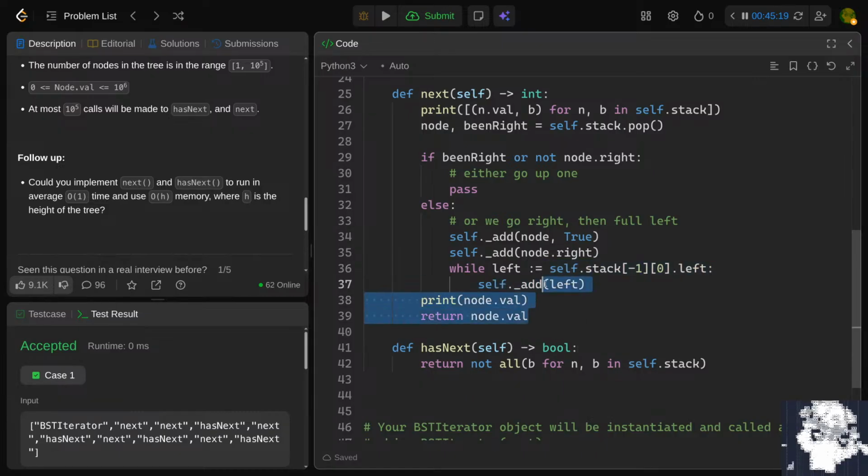So next is O of 1, because either we just go up by 1, which is O of 1, or we go all the way left.